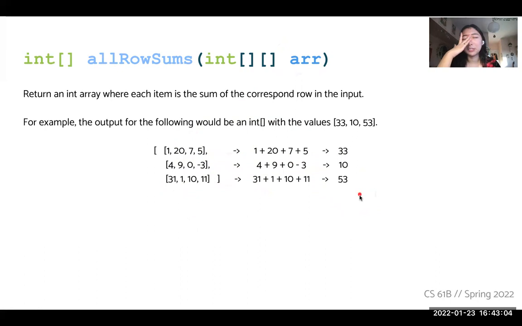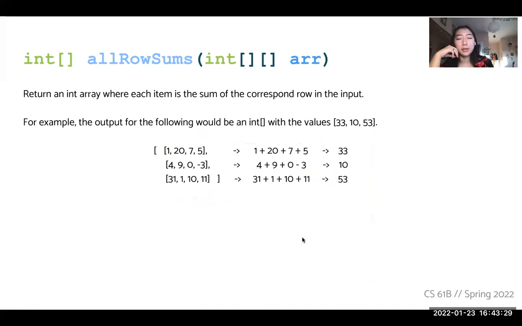Unless I did my math wrong, because I'm not very good at addition. It can be very hard for me. But basically, each row has a corresponding sum in the output. And so we can see the output is this: 33, 10, 53. And so this is the problem you have to do.